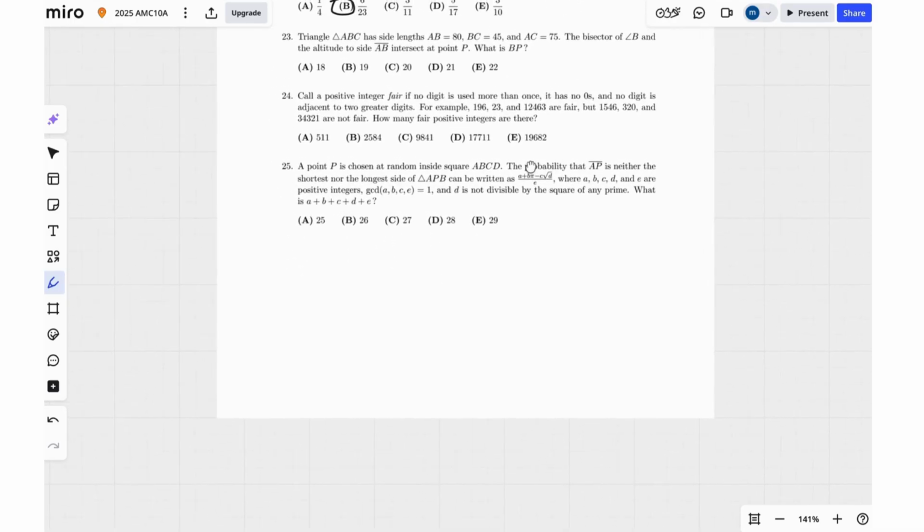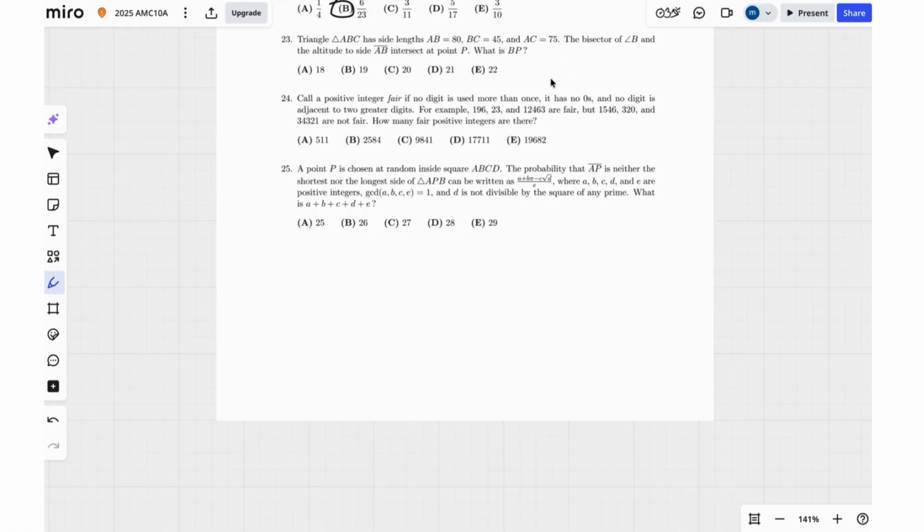Next, we have a more interesting geometry problem. So let's draw a good diagram. Let's call this D, where these are equal, and let's call this E. So we know that this is 80, 45, and then 75.